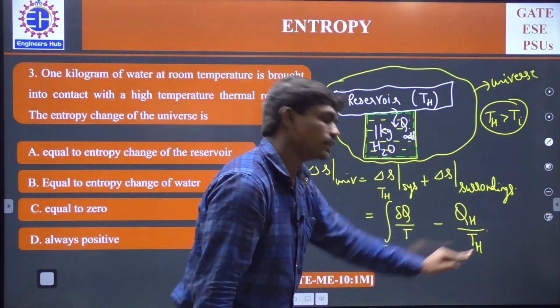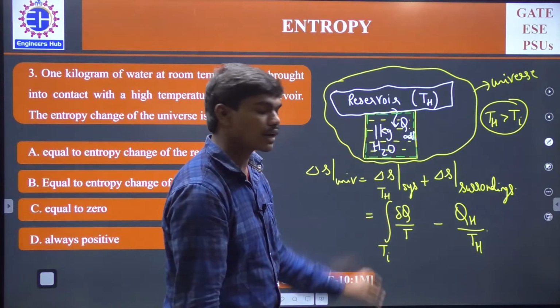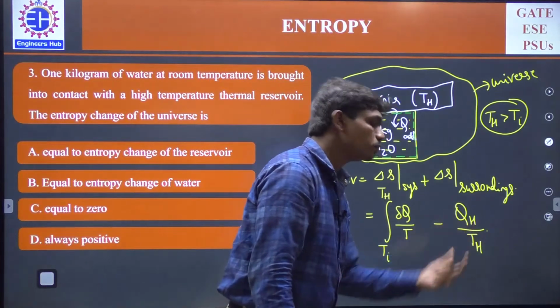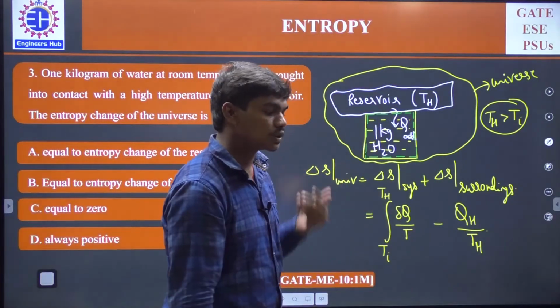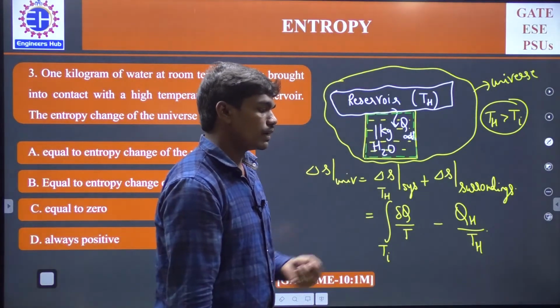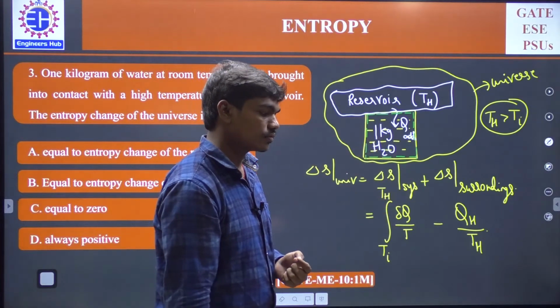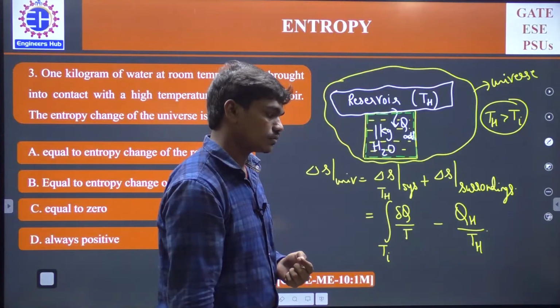T is less than TH, correct? Initially, for some part of the process, I mean till the end of the process. Now tell me, out of these two values, which value will be numerically more when total heat transfer is the same in both cases?